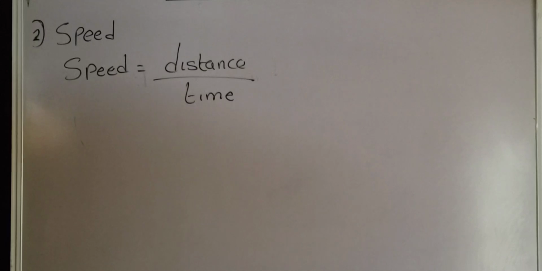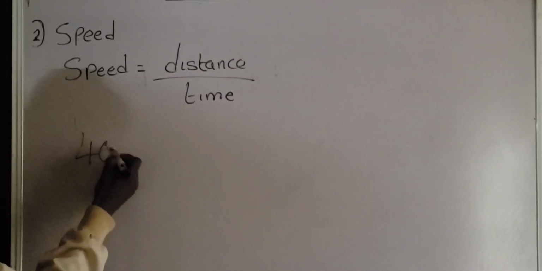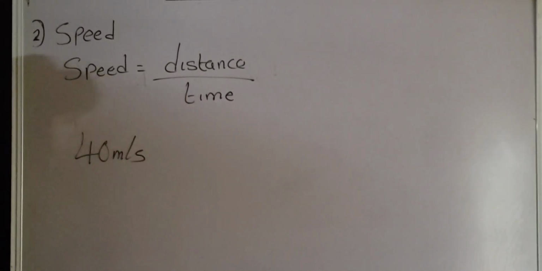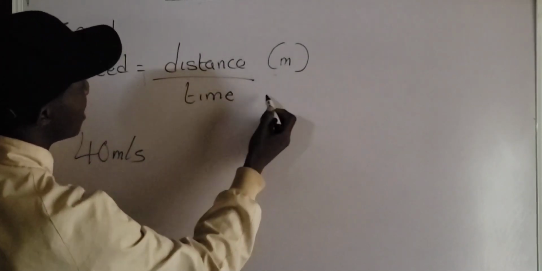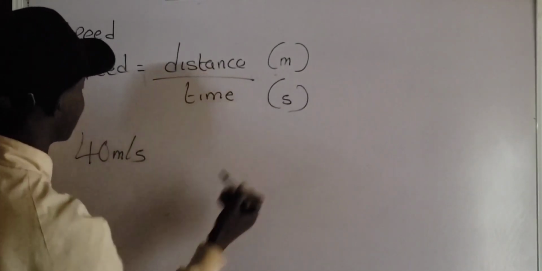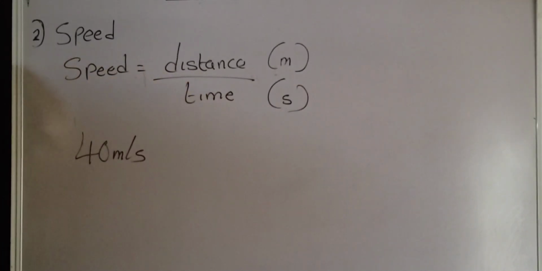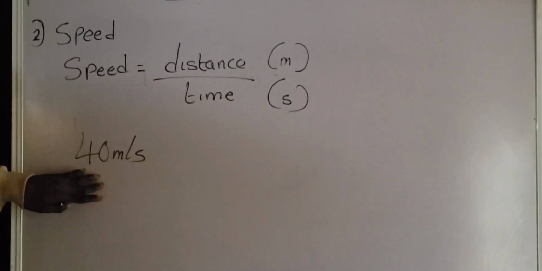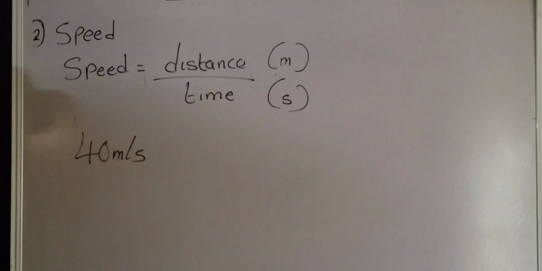Let's say we have a speed of 40 meters per second. Distance is measured in meters. It's very important that you know that distance is in meters and time is in seconds. That means that every 1 second, the distance of this object traveling at this speed is changing by 40 meters.